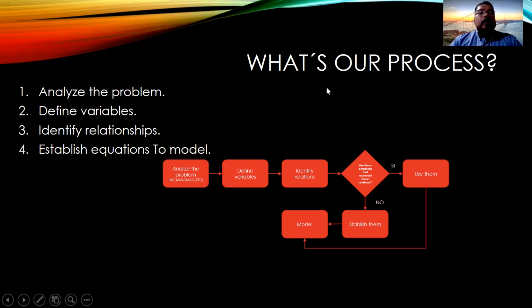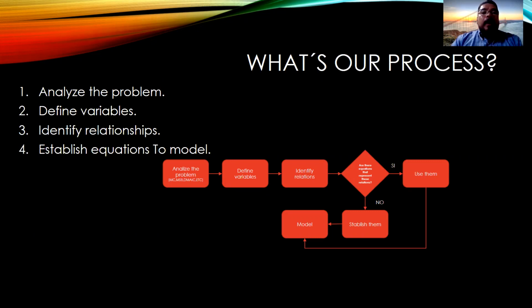Okay, so continuing with the dynamic modeling process, let's review very fast what our process is. First of all, when we are trying to model something dynamically, we should start by analyzing the problem.